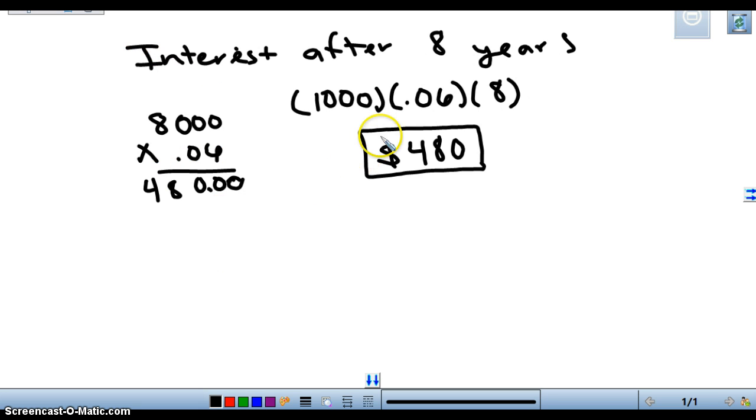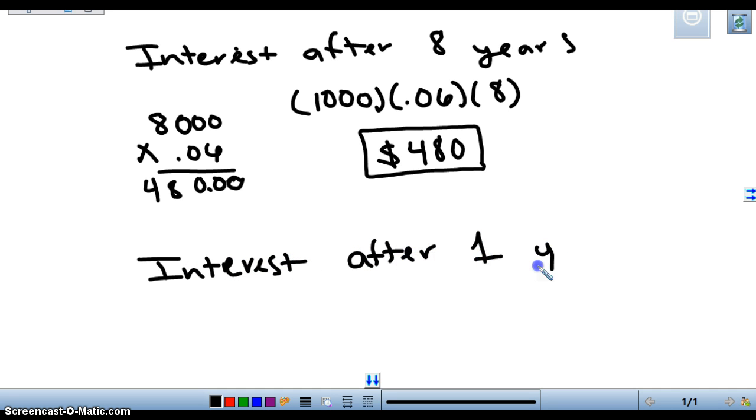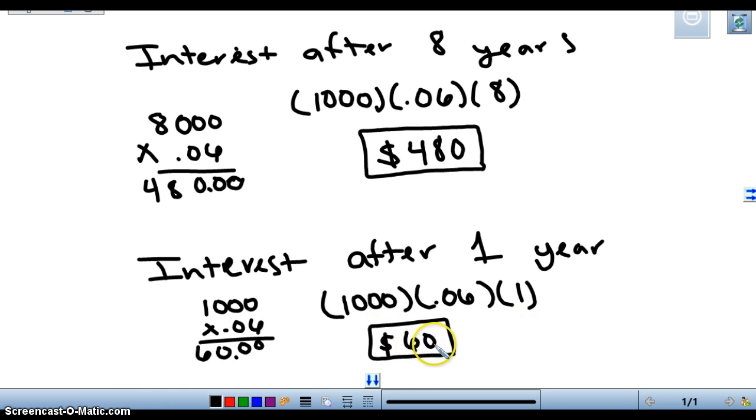So the interest after 8 years would be $480. What would be the interest after 1 year? What do we have to do? 1,000 times 0.06 times 1. So interest after 1 year would be $60.